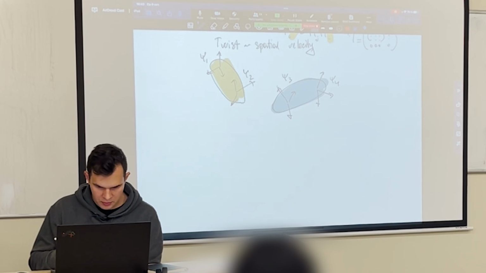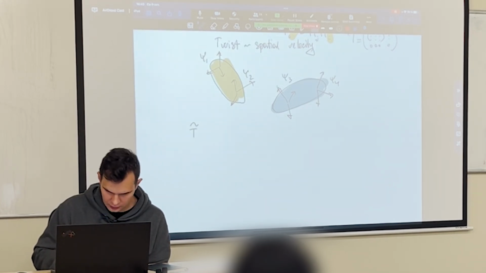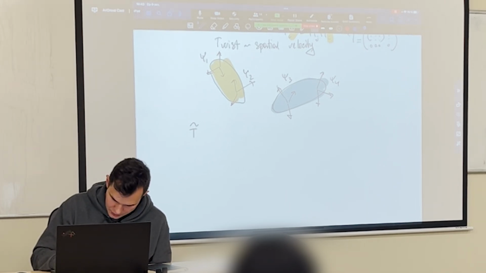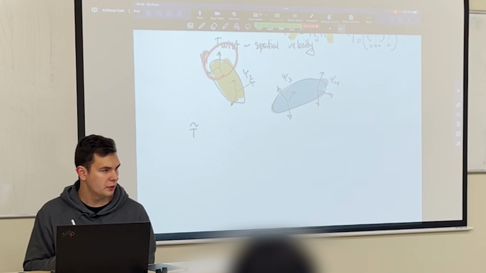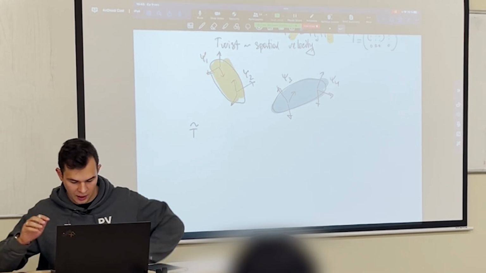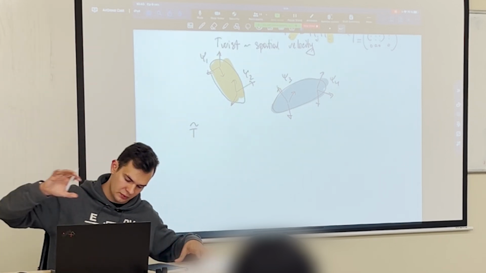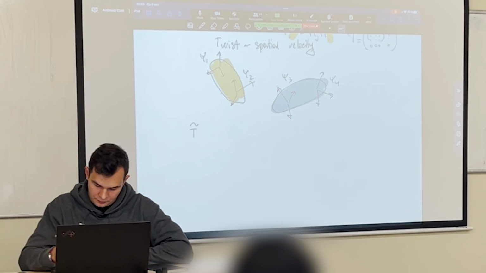So we know the mnemonic rule, and let's assume that we would like to write down what will be the velocity of the frame 3 in respect of frame 1. It's like how the blue body rotates around or moves around the yellow one.